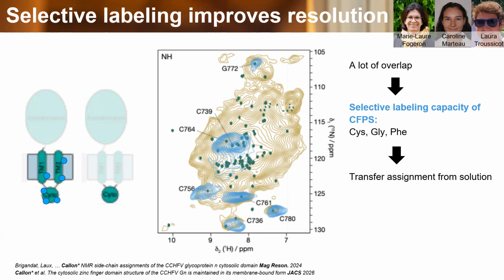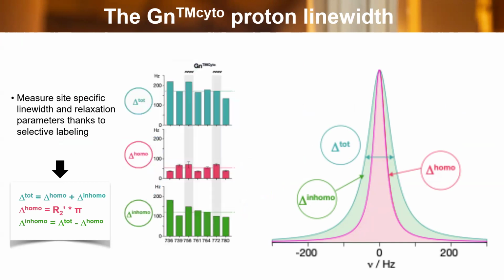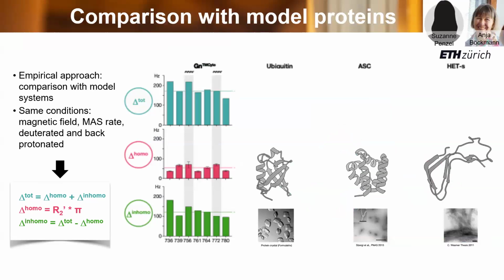And we could start measuring relaxation and dynamic parameters. That's what we did on the different assigned resonances. You have them here. And as I said at the beginning, we used an empirical approach.